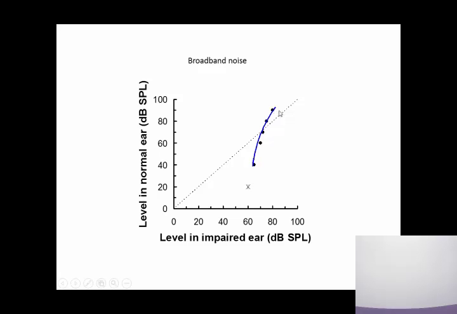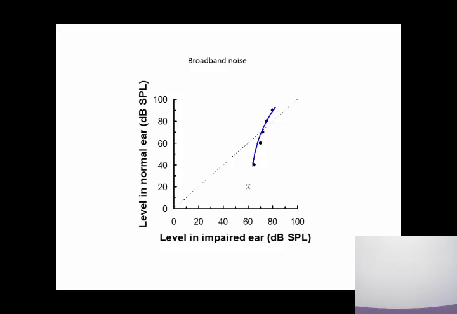So for that poor person, what's the dynamic range of perception? For the normal ear here it is 40 to 100, so that's about 60 decibel, and it is reduced for this person to 60 to 80, well 65 to 80, so about 10, let's say just for the sake of argument 10 decibels.